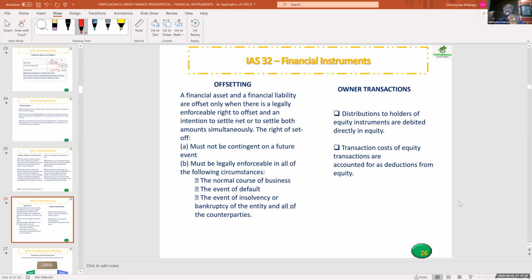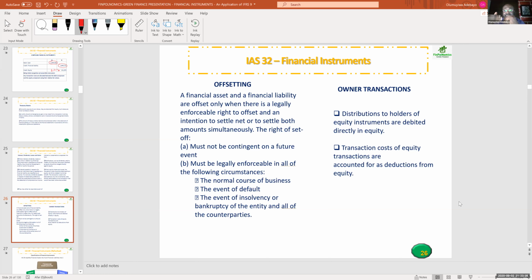Rather, they are used to reduce the proceeds of the shares by deducting them from the premium. Another one is share buyback. Anytime you pay a premium on such a repurchase, it is share premium, which we consider to be an expense or a loss. And that is the position.